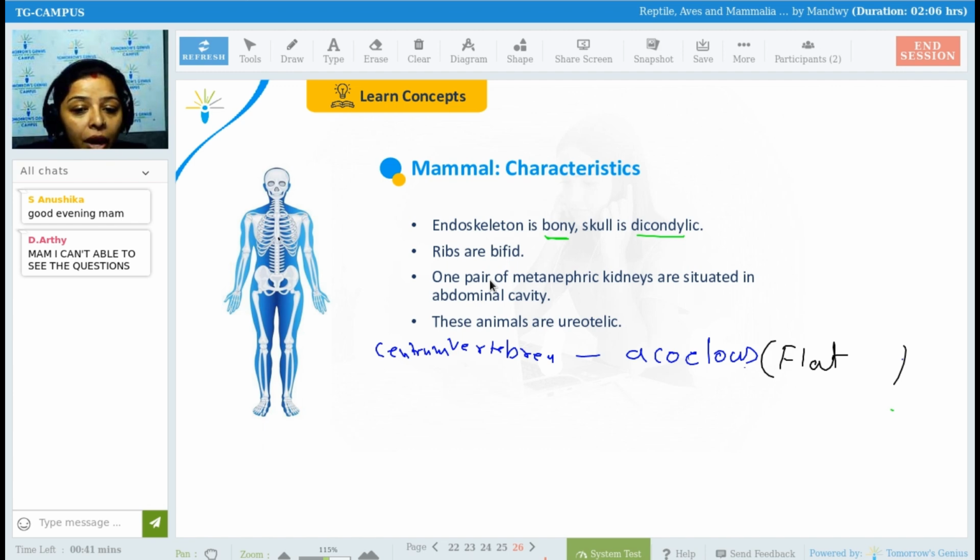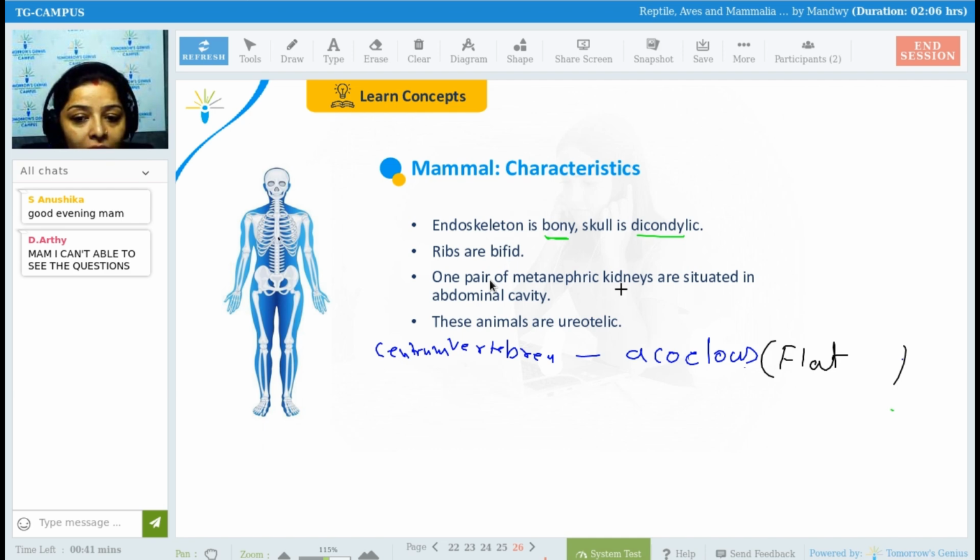In mammals, there is a pair of kidneys. What type of kidney? Metanephric kidney, because nephron is complete and one end is connected to the renal blood vessels, afferent and efferent. Both the ends are connected to their end point.